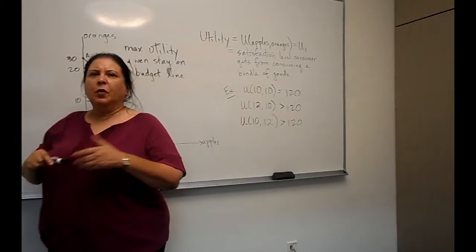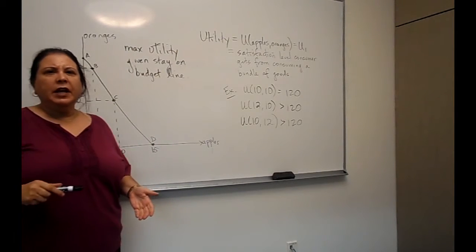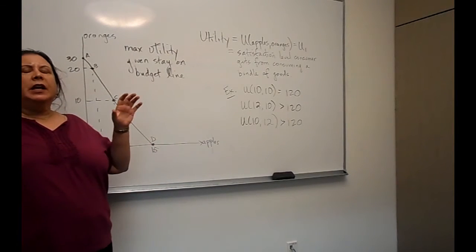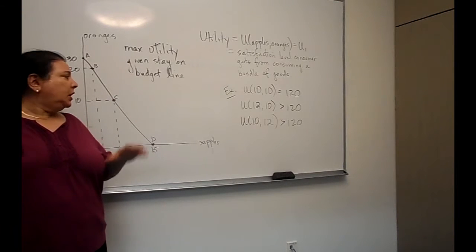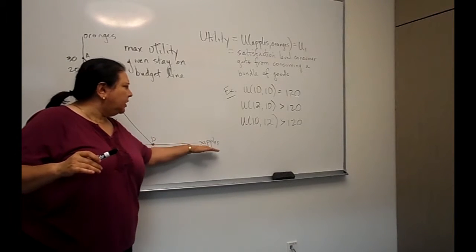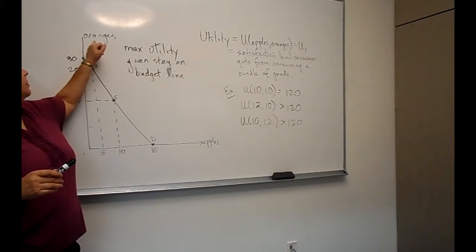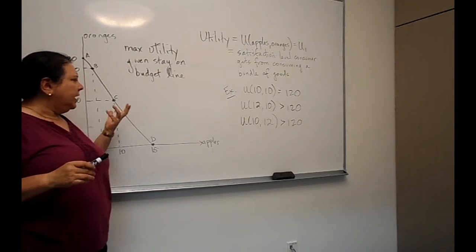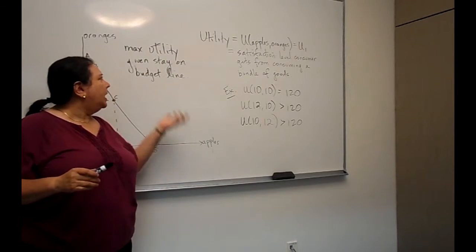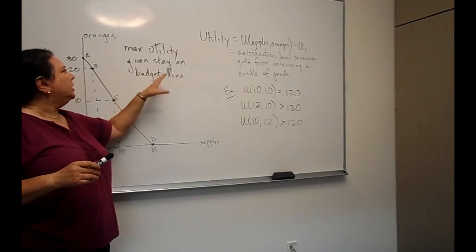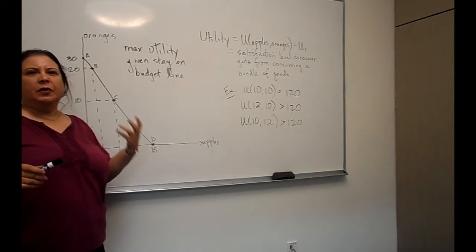Okay, so what the consumer is doing is allocating dollars between buying the two goods, between buying some apples and buying some oranges, in such a way that you maximize the utility that you get. Okay?